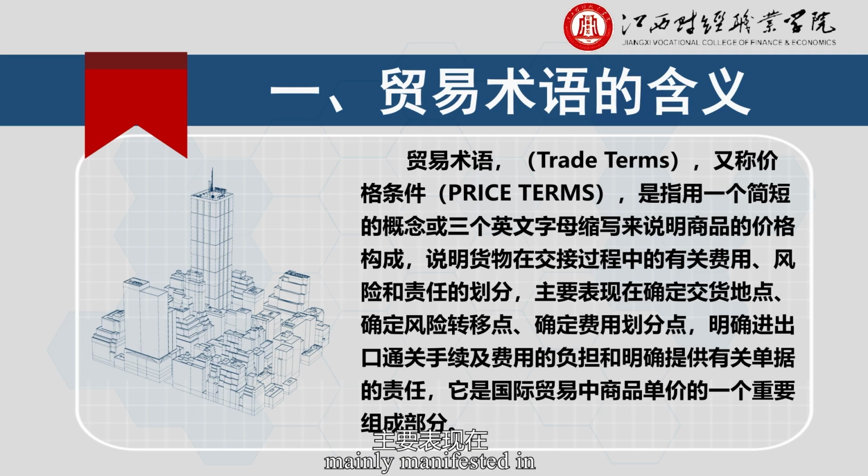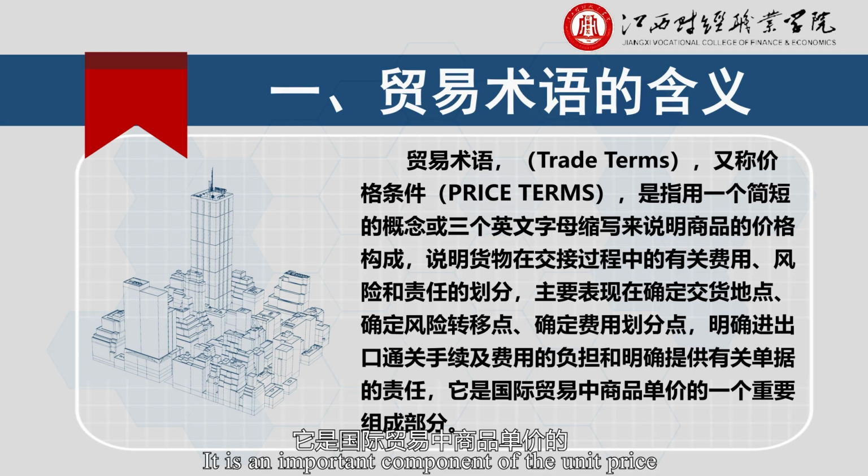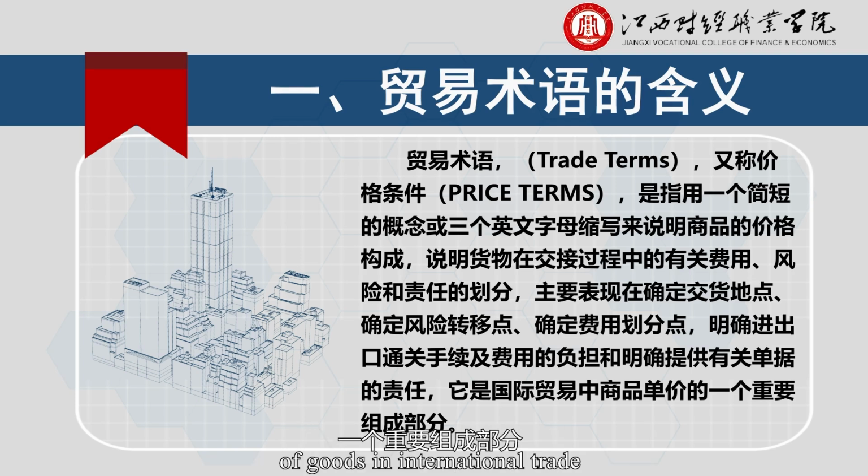This is mainly manifested in determining the delivery location, determining the risk transfer point, determining the cost division point, clarifying the burden of import and export customs clearance procedures and fees, and clarifying the responsibility of providing relevant documents. It is an important component of the unit price of goods in international trade.